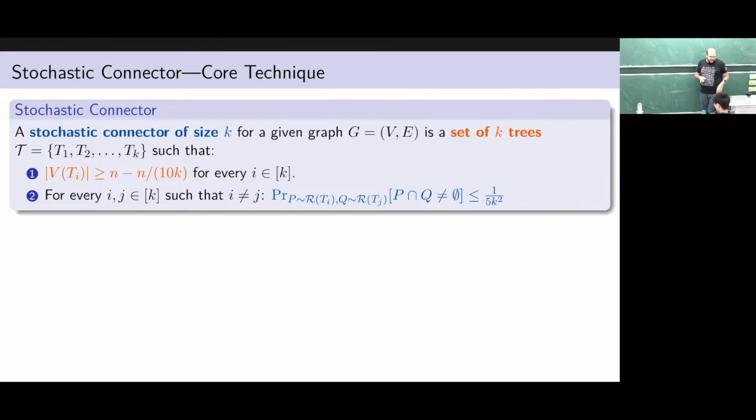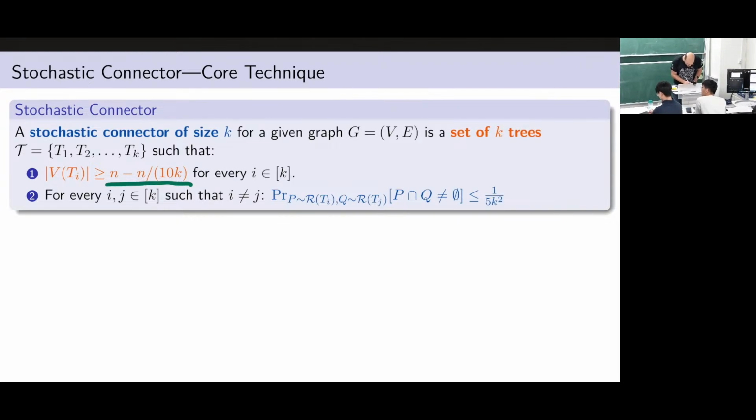Those will be trees on most of the vertices of G. So the first property says that the size of each such tree is most of the vertices of G, and most is quantified here. It might miss some of the vertices. This is an important property, and we will address that. But we will have most of the vertices.